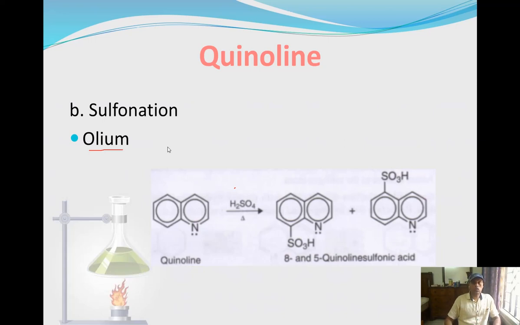That's why we are taking oleum. You have to provide heat. So your quinoline reacts with this sulfuric acid, and you are going to get 8- and 5-quinoline sulfonic acid. So the substitution is on the benzene ring at the 8th position and the 5th position.